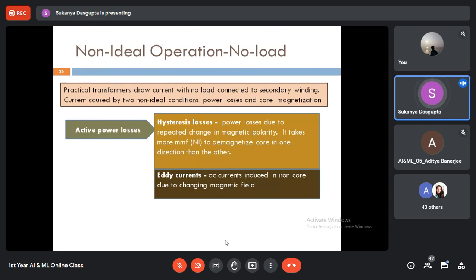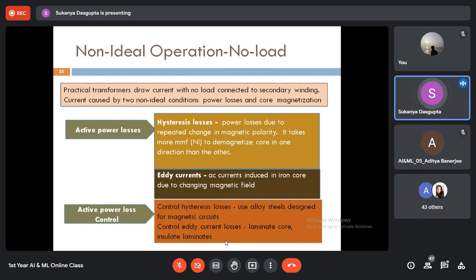So these two are active power losses in a non-ideal transformer, and the transformer core always needs to be magnetized. So the transformer primary must draw some current from the supply at no load condition also.